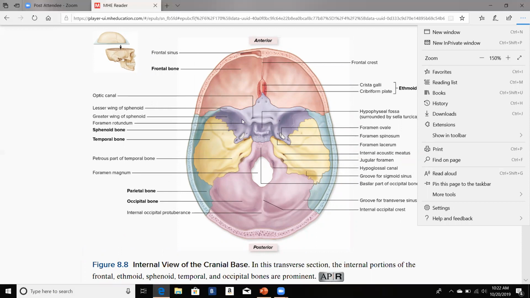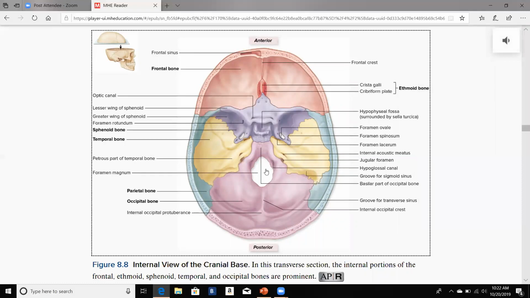So you have your foramen rotundum, then your foramen ovale, and then spinosum, and then you have your jugular foramen. So that's your ROSJ. Those are the ones that you're responsible for on the floor of the skull.